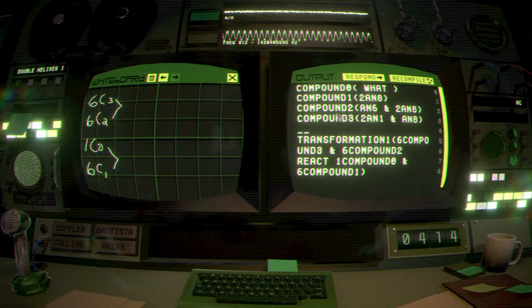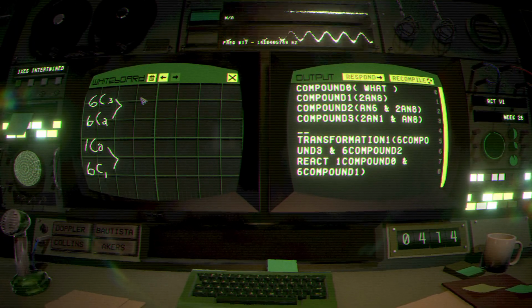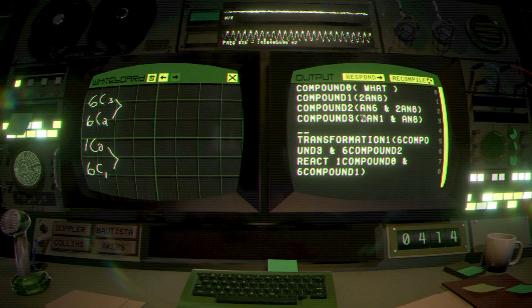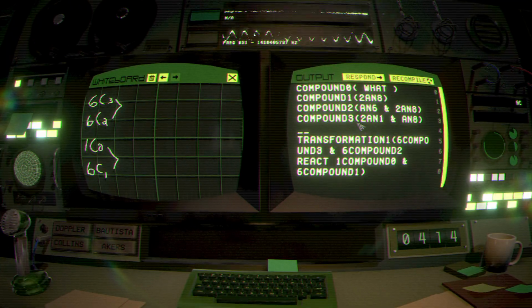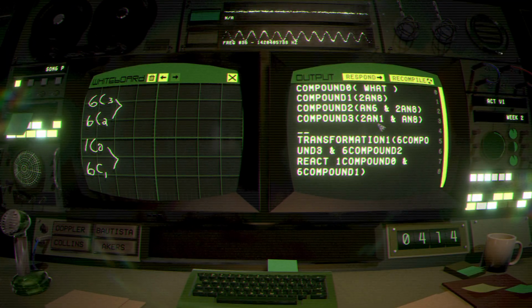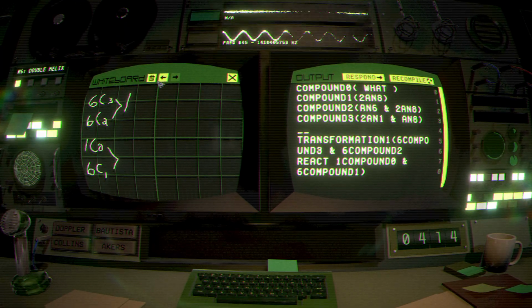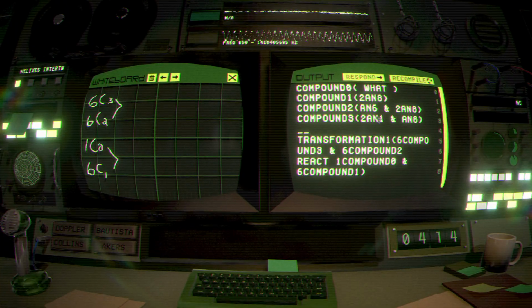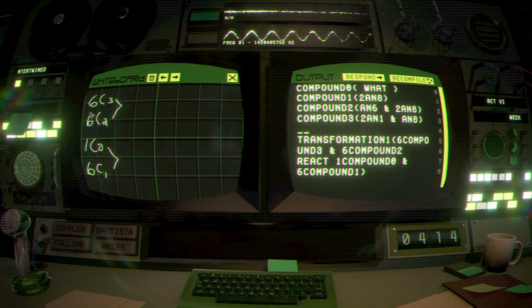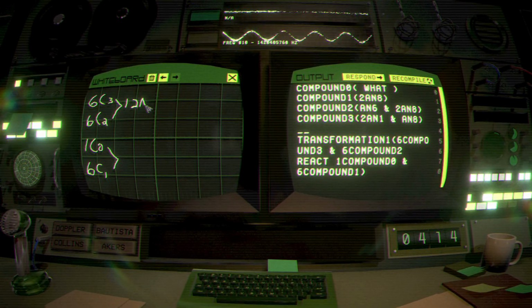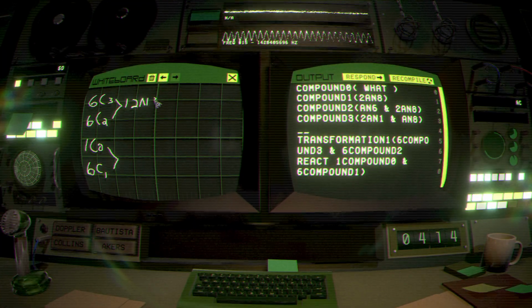Alright, so 6 compound 3s is 12. 6 of each. So 6 compound 3s is 12 and 1. Plus 6, so that's 18. Nope, see, I gotta be careful. This is and 6. Okay, so 6 times 2 is 12 and 1s. Let's start with that. 12 and 1.